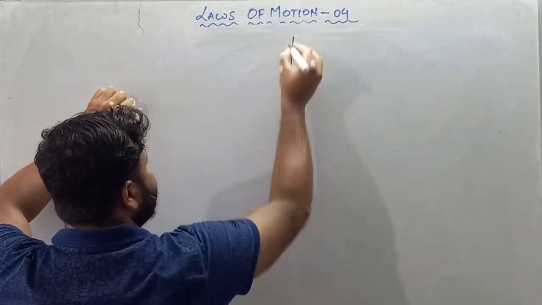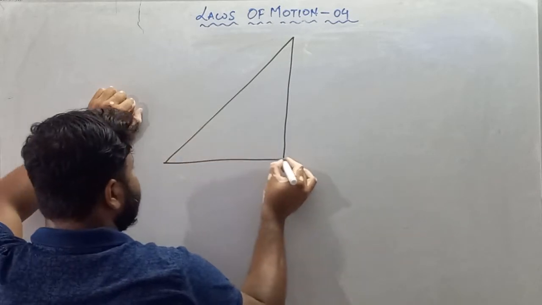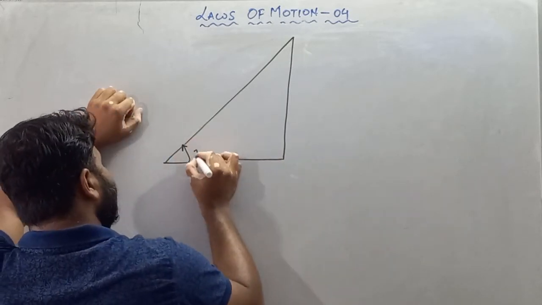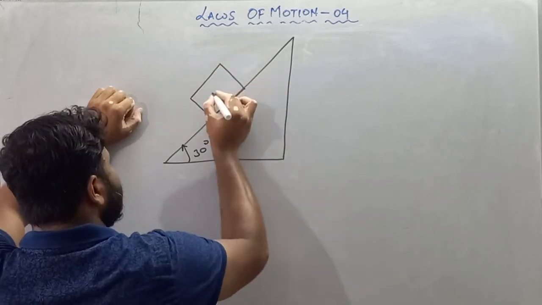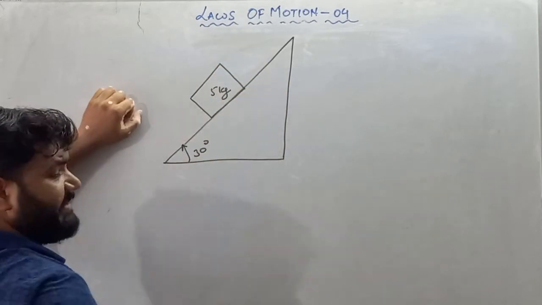See, my dear student, there is an inclined plane having angle of inclination 30 degrees. Let's suppose we have a block, let's suppose of mass 5 kg.